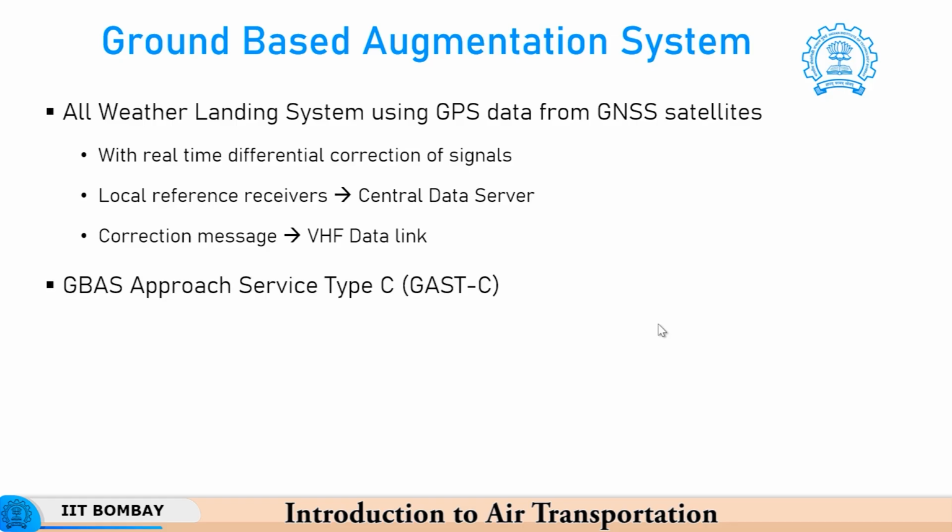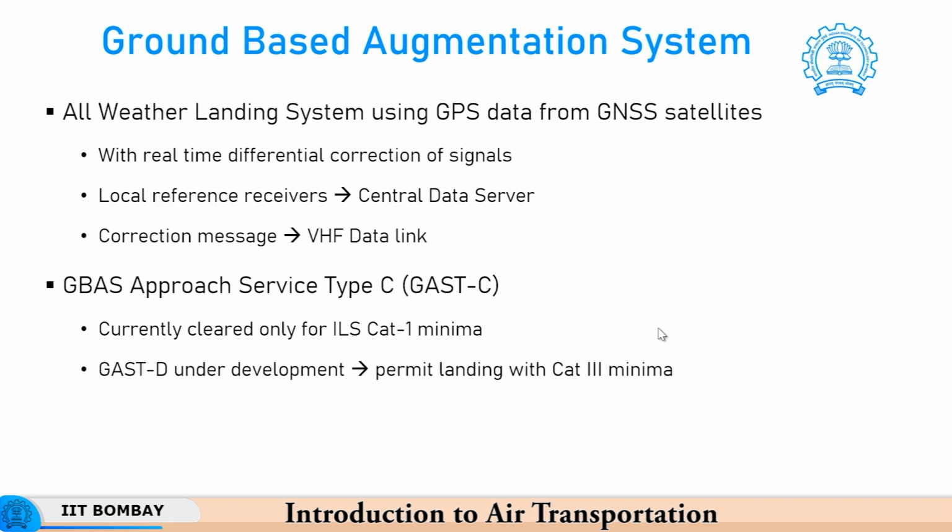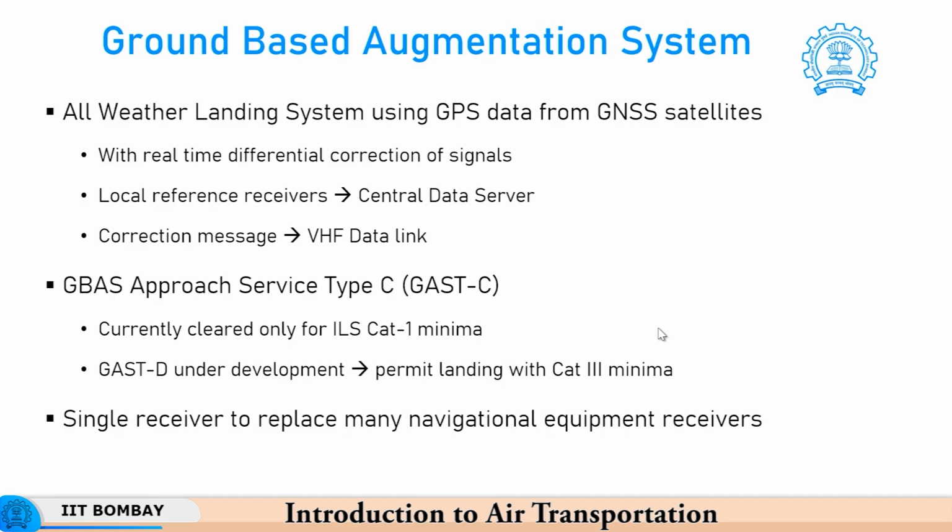There are various types. The one which is currently in use is called as the GBAS approach service type C, short form is GAST. In the GAST, we have currently cleared it for only Cat 1 minimum, we have not gone beyond that. In the future there is a system called GAST D which is expected. In GAST D there will be a permission for touchdown with Cat 3 or 0 visibility, 0 decision height case with Cat 3 minima.